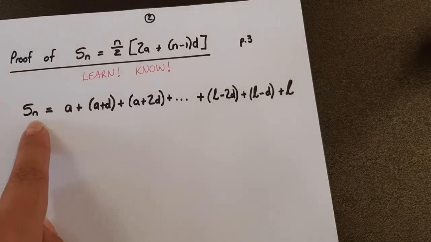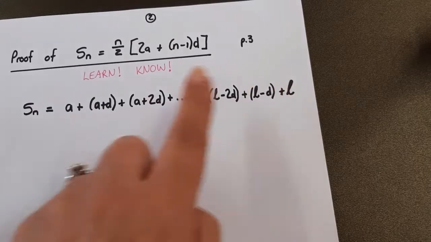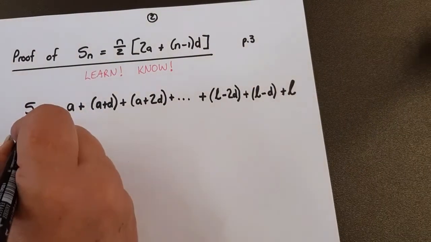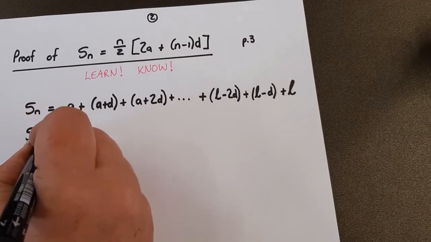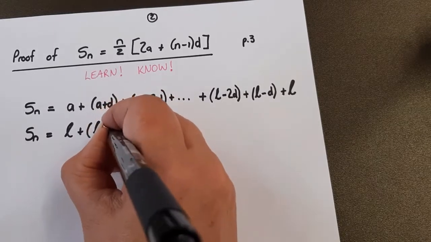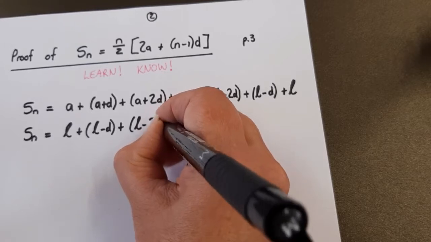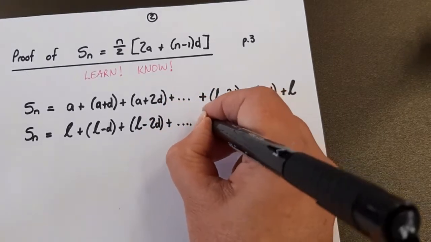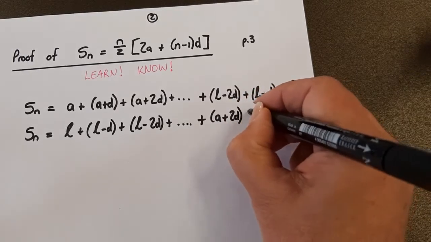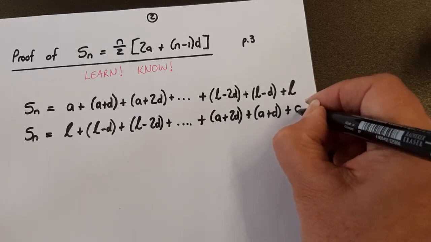Now if we take this equation and we swap it around, we put the last one first and the first one last, we will get this. Sn equals the last one plus the last one minus d plus the last one minus 2d plus and so on, until the first one plus 2d plus the first one plus d plus a.